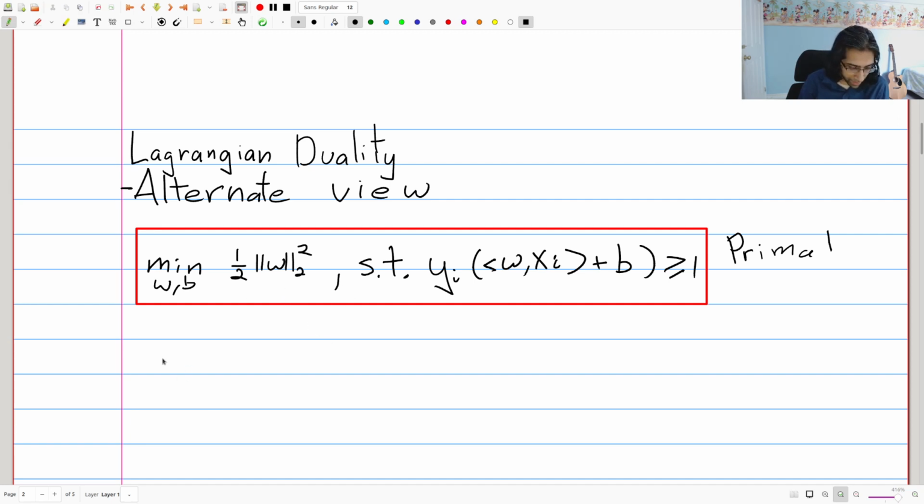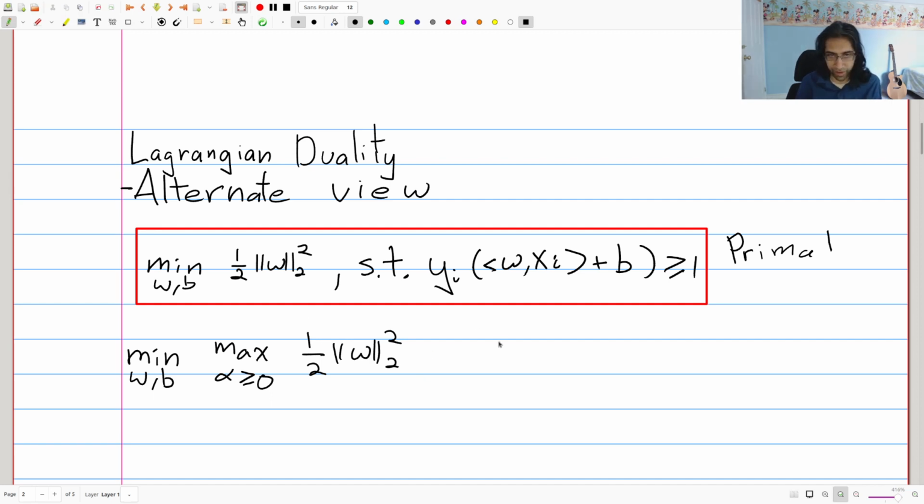Let me write this out, and hopefully it'll be more clear. So we start with this min over w and b. But then we say max over some parameter vector alpha, which is non-negative. And we have the following: our old optimization function, the L2 norm of the parameter vector squared. But then we add on these constraints in the following way.